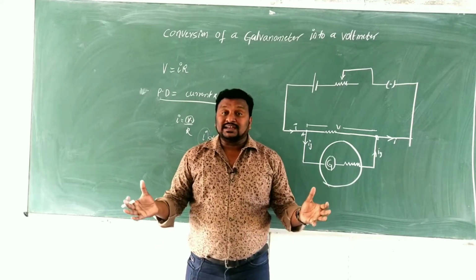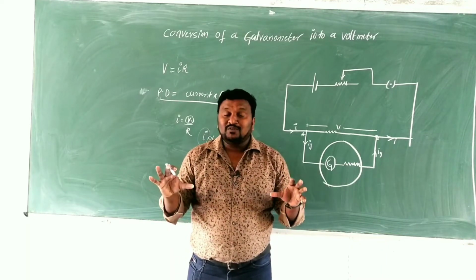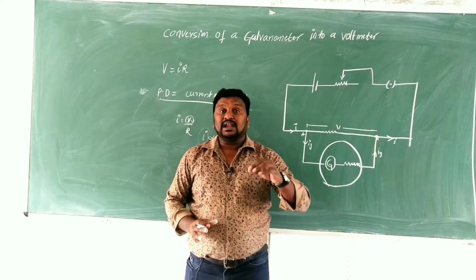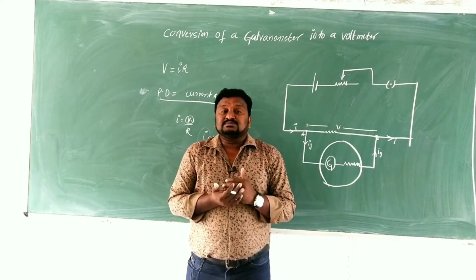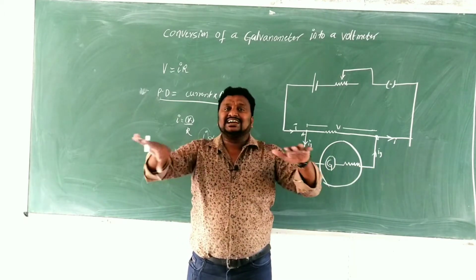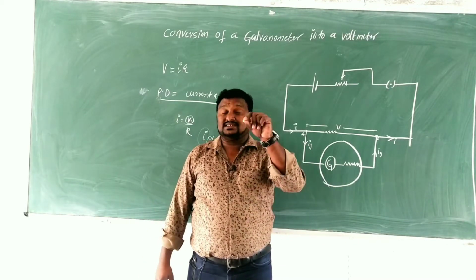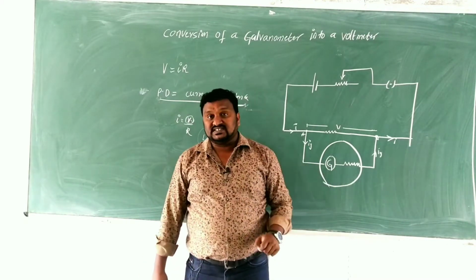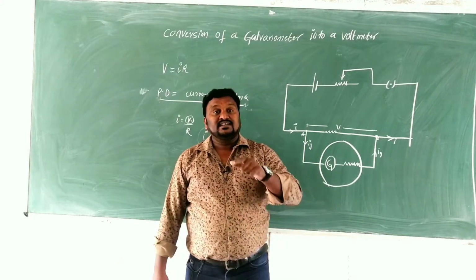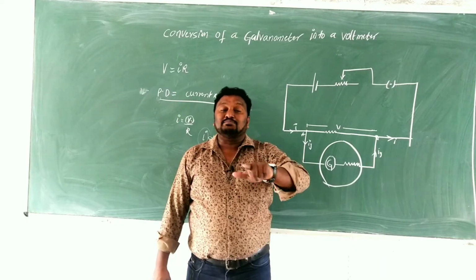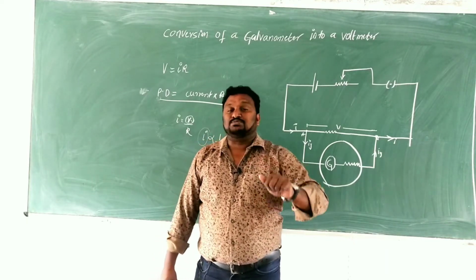But in practice there is no device that has infinite resistance. Infinite resistance means it does not take any current, but a voltmeter requires some current to show the potential difference. That's why in practice an ideal voltmeter is not possible.